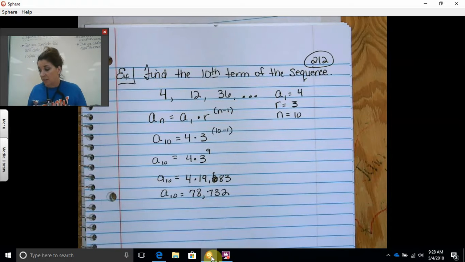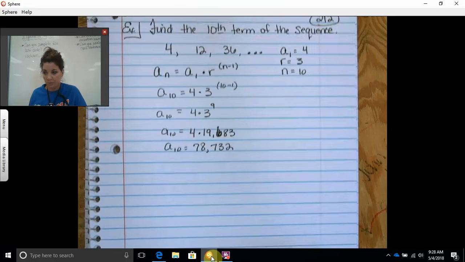So that jumped quick. We went 4, 12, the third term's 36. You're just multiplying by 3, and by the time you get to the 10th term, you're at 78,732. That's crazy. Questions?